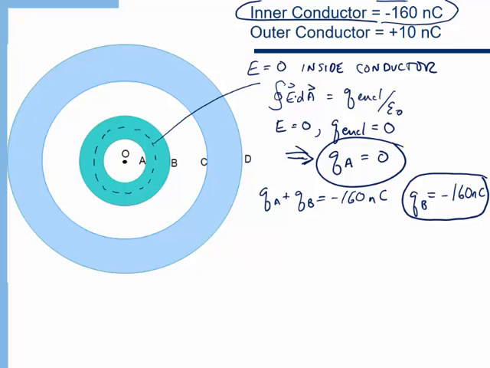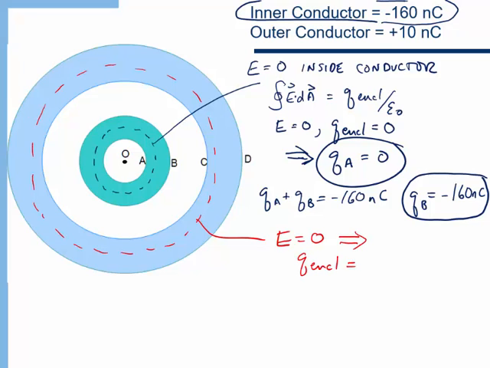All right, let's move out to the next conductor. Once again, if I draw a Gaussian surface anywhere inside this conductor, we know that E has to be 0. And therefore, Q enclosed has to be 0, just as we've talked about up here.